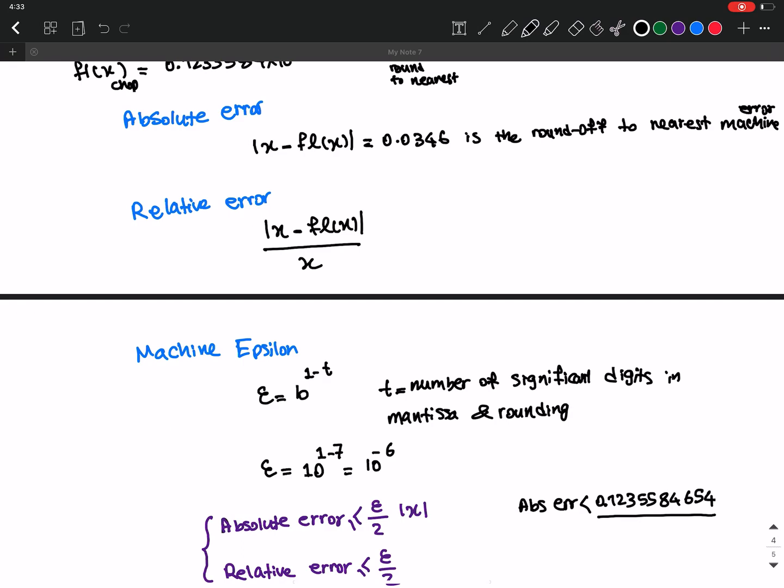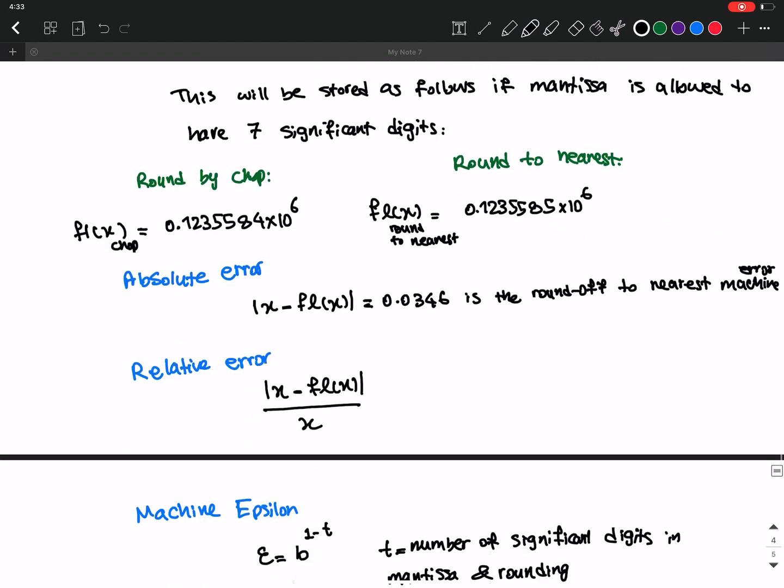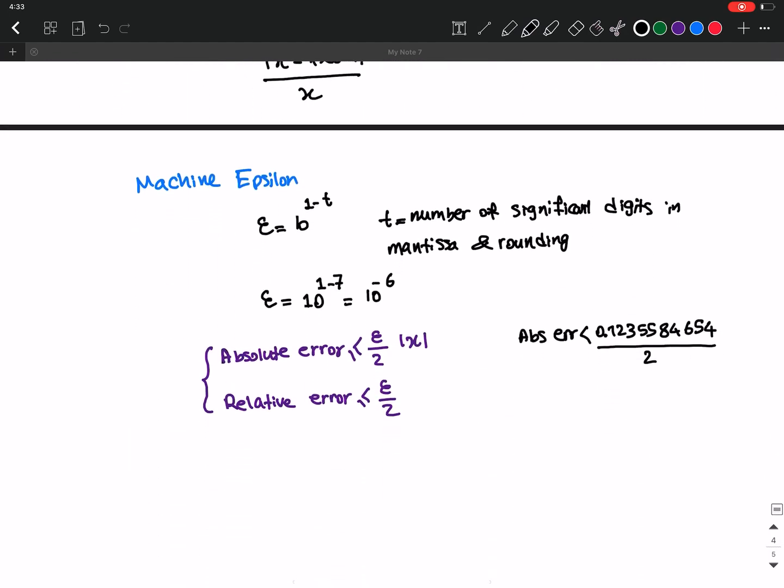This is the maximum absolute error that can happen for this case. For example, here, as we said, the epsilon is going to be 10 to the minus 6, and sorry, this should be over 2. I had a mistake here. So this is the absolute error that can happen for this problem. We cannot have any absolute error more than this. That is not with zero necessarily.